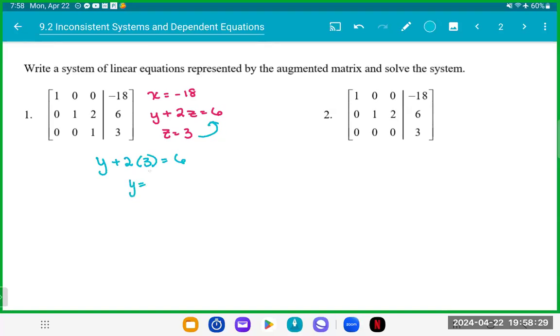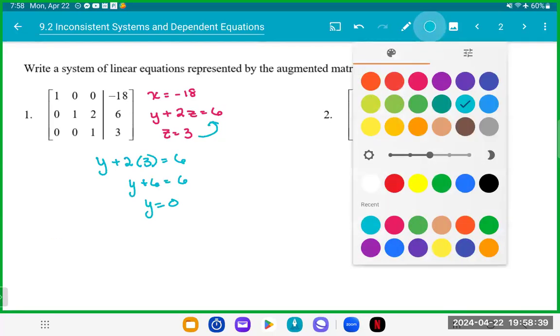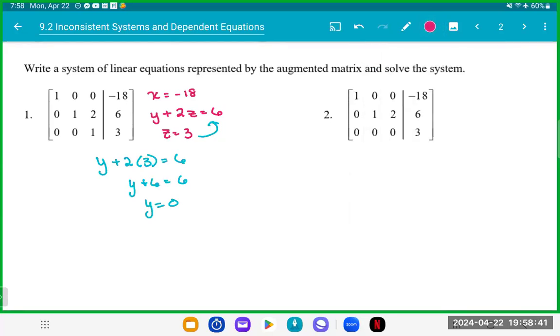So y plus 6 equals 6. So y equals 0. Therefore, the solution to this set would be x equals -18, y equals 0, and z equals 3. So that had a solution, right?